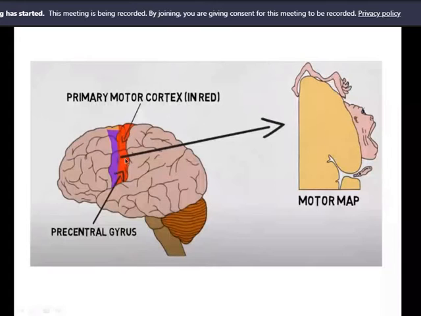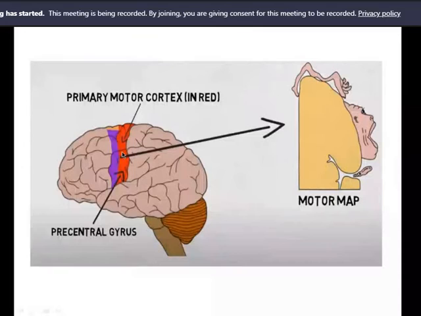It is like a cartoon picture, and here the face area is big and the hand area is big, the trunk area small, like that. As you know, somatotopy we have already read, I think. Is it clear?